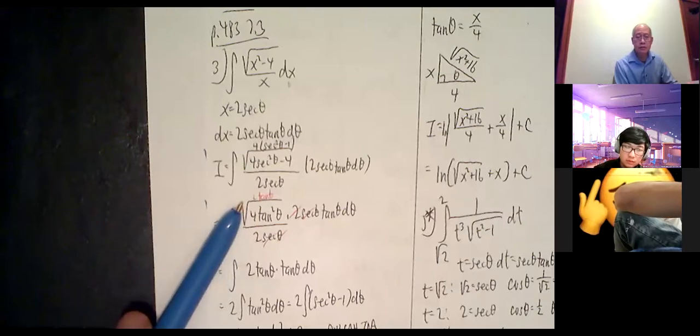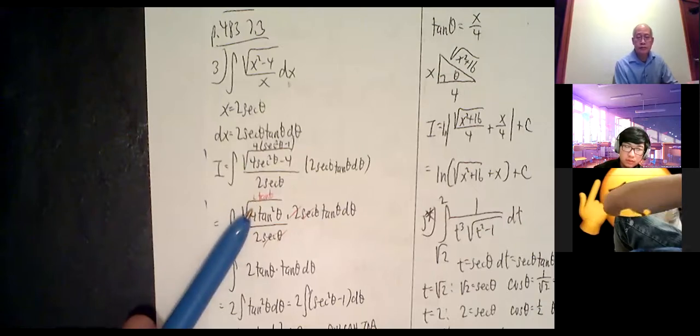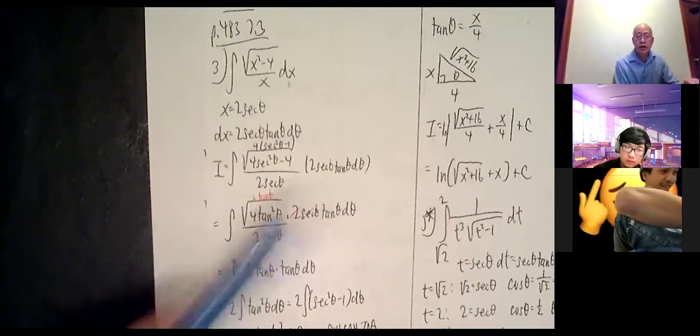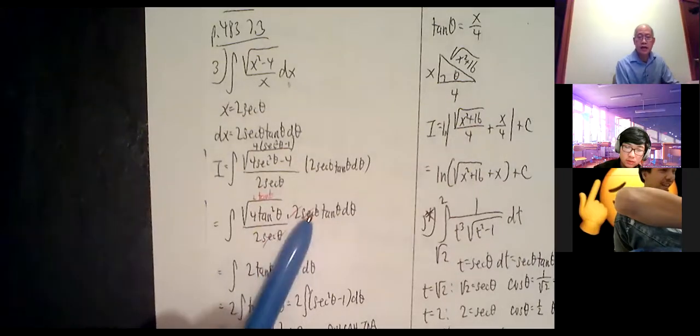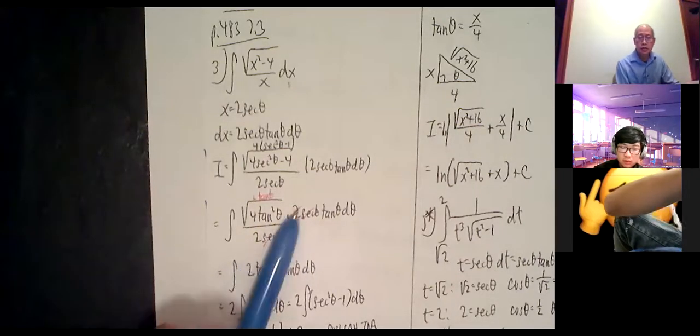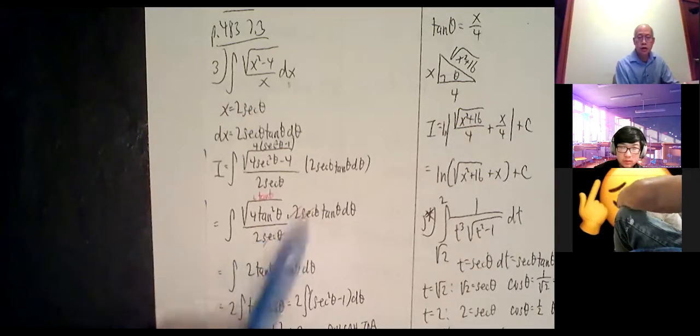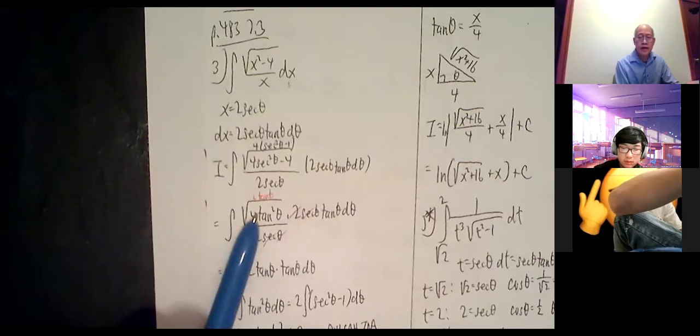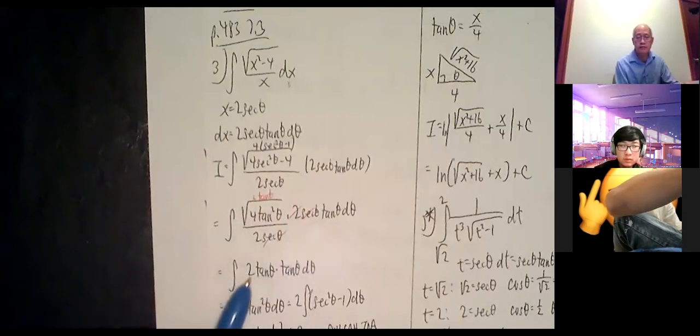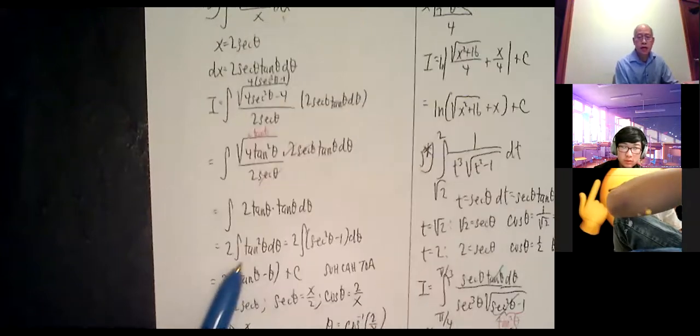So very nice. And I notice very conveniently, 2 secant theta cancels out 2 secant theta. So gone, gone, gone, gone. So I have 2 tan theta times another tangent theta. So let's take out the 2 tangent squared theta.